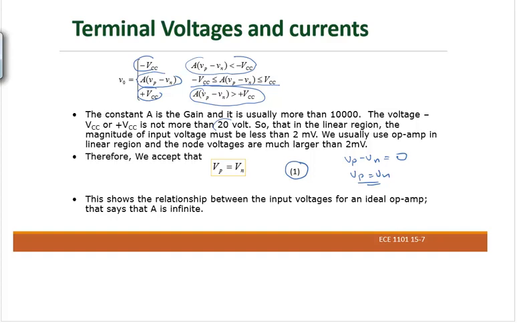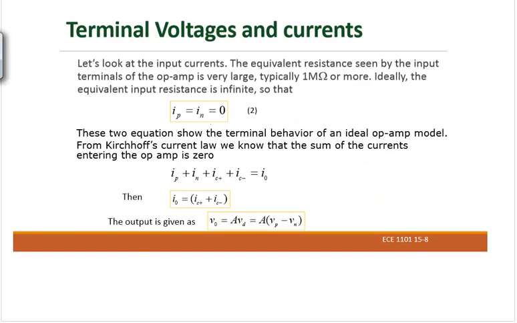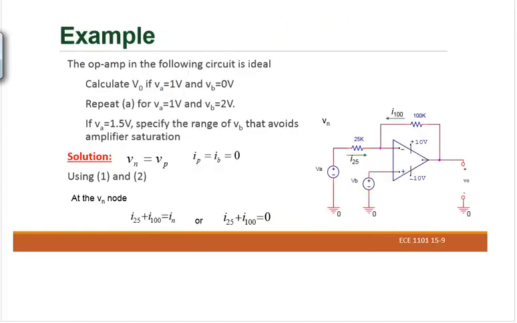That's equation 1. Equation 2 is because there is no current, the typical input resistance is large, so we say IP equals IN. So we can use KCL for the rest of them. Let me look at an example here. I'm trying to finish this one in 10 or 15 minutes.